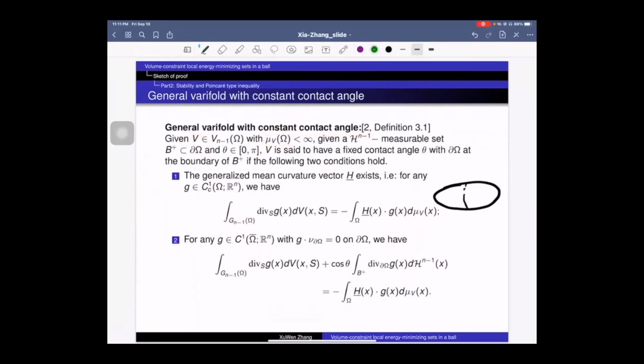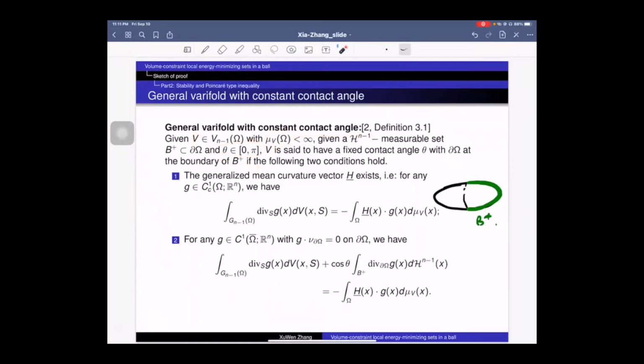For example, if this is B^+, and we fix a contact angle theta, then V is said to have a fixed contact angle theta with the boundary of omega along B^+ if the following two conditions hold.